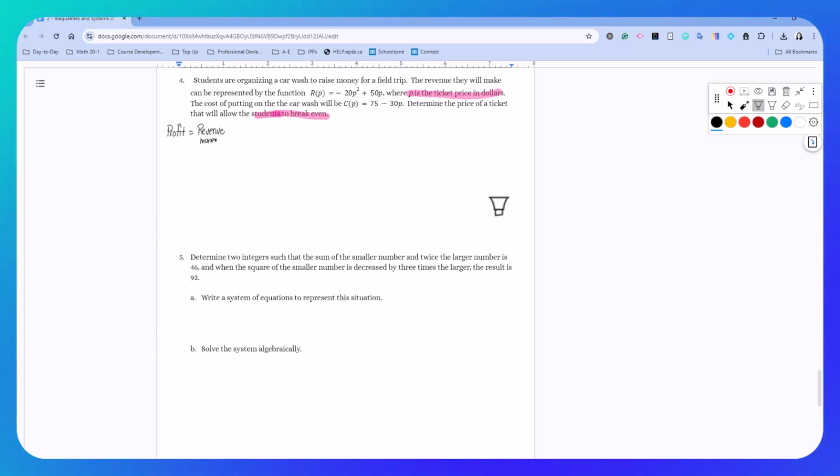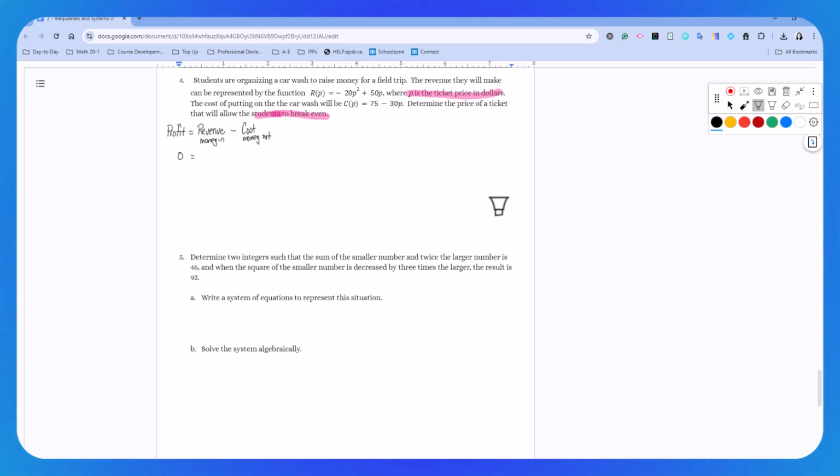So that's money in. And then it's going to subtract any costs we have, because that's the money going out. And the break-even point is when the revenue equals the cost, or in other words, when we have no profit.